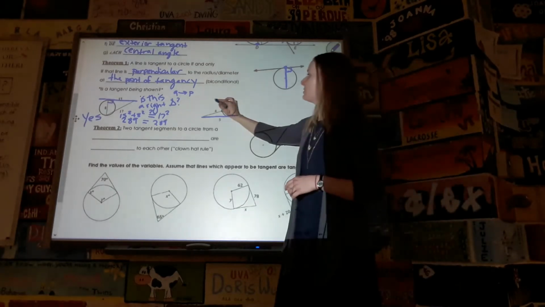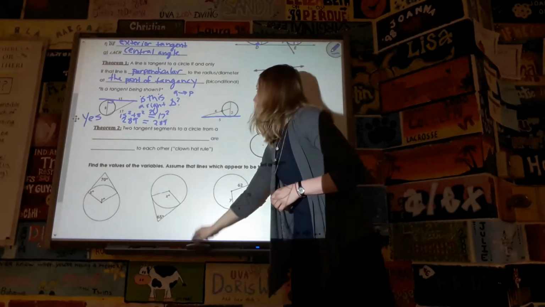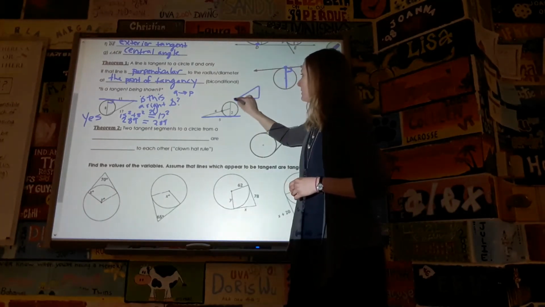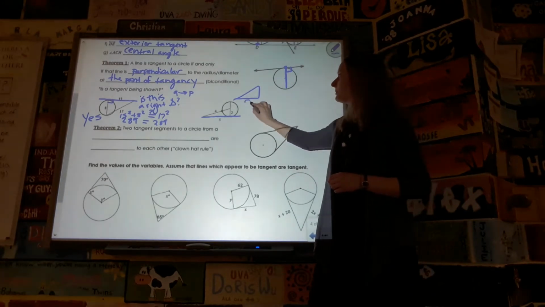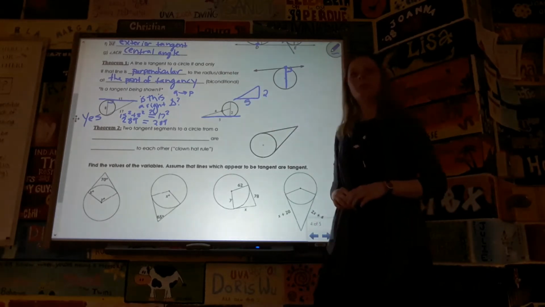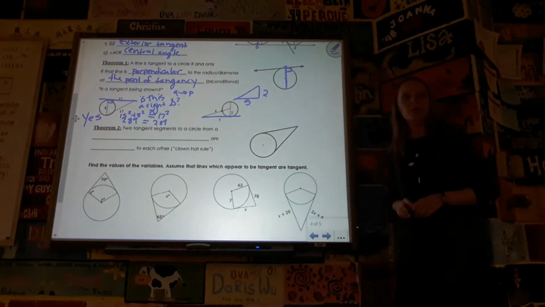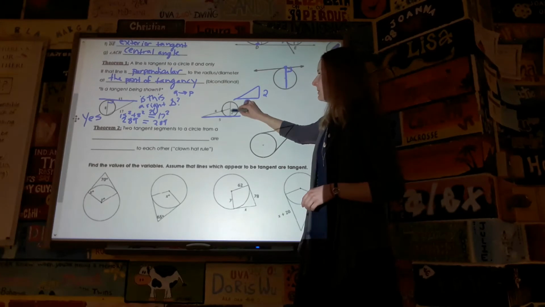Here, I'm going to draw the triangle over here for you guys. And I want you to help me see what the problem is. Okay, what's this? Two is this, the radius.